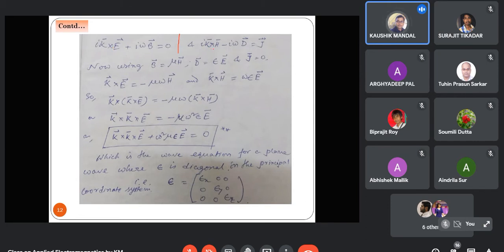It becomes i k cross H minus i omega D equal to 0. Now, we are using the material relations, that is B equal to mu H, D equal to epsilon E, and J equal to 0 in the previous equations.